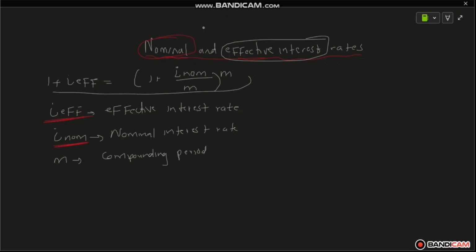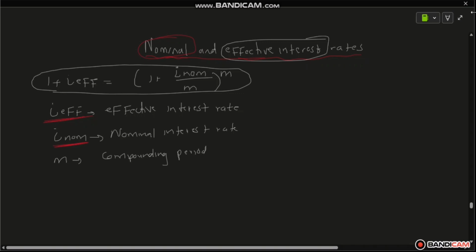This is the formula that you must know when they ask you to calculate nominal or effective interest rate. I nominal is the stated or advertised rate by the banks for investments or loans. Then the effective is the one that you actually pay or earn.